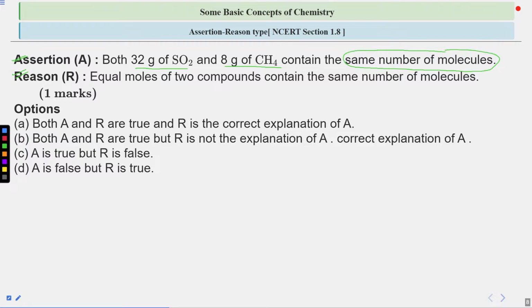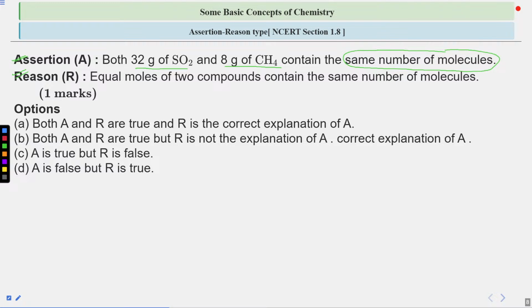Okay. So what I am saying is that you have to first verify whether this statement is true or not. The second thing you have to see is, if this statement is true, whether the reason given is explaining your point or not. So two things are there.